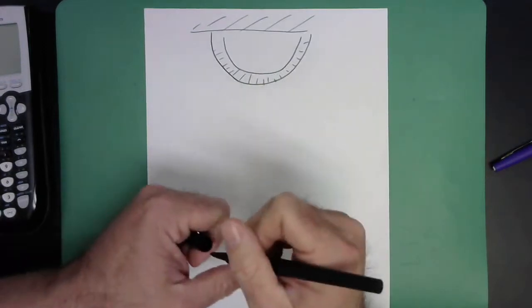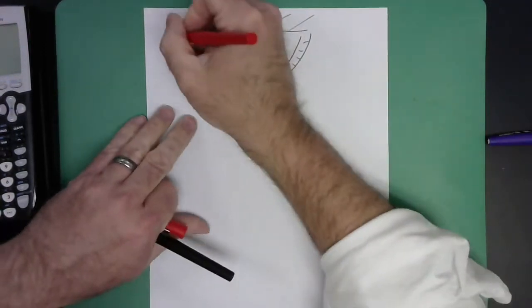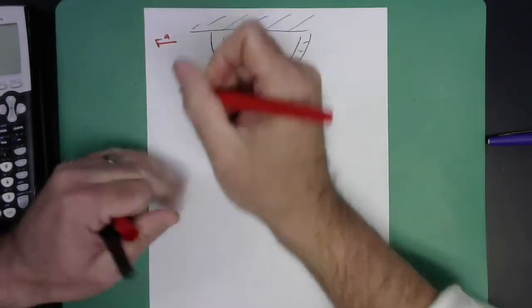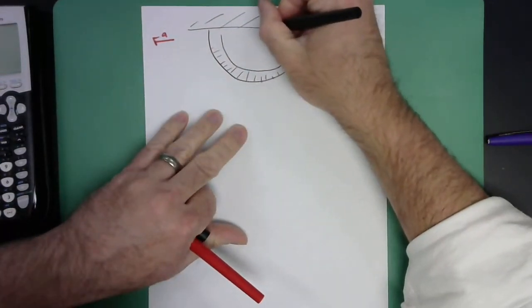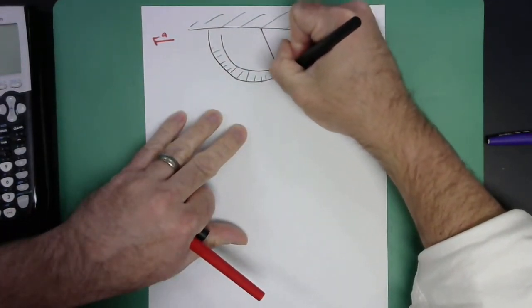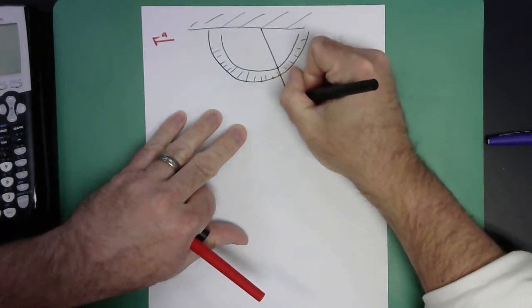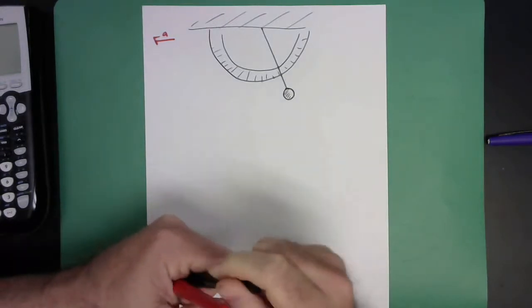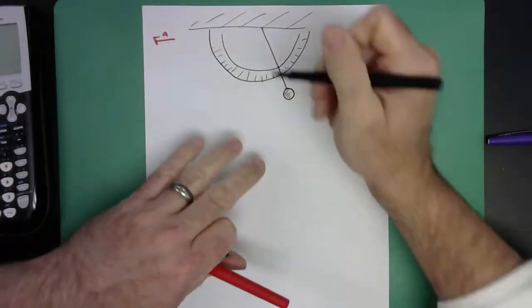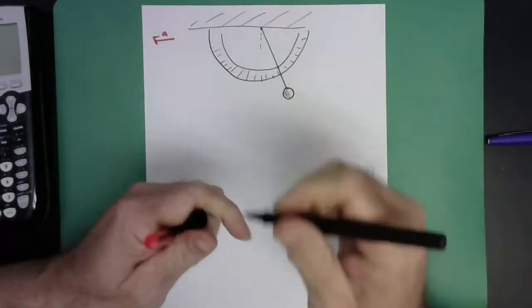If I'm accelerating to the left, the pendulum bob is going to end up at an angle over here somewhere. And you say, well, why does that have to happen?